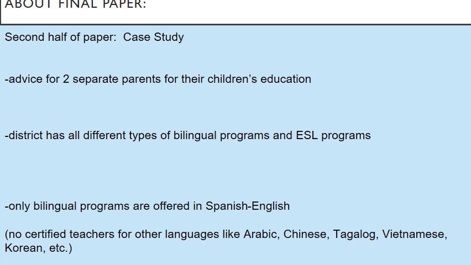They have two-way dual language programs, they have developmental bilingual programs, they have transitional bilingual programs, they have ESL immersion or submersion, which is the sink or swim. They have ESL content programs. They have sheltered ESL programs.